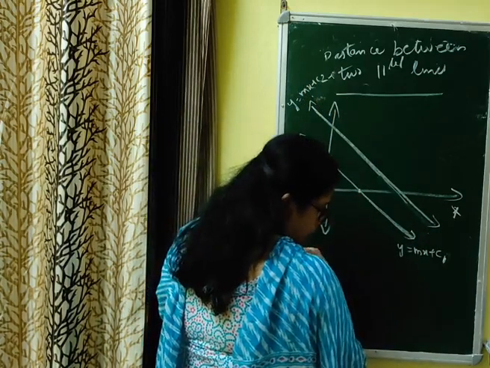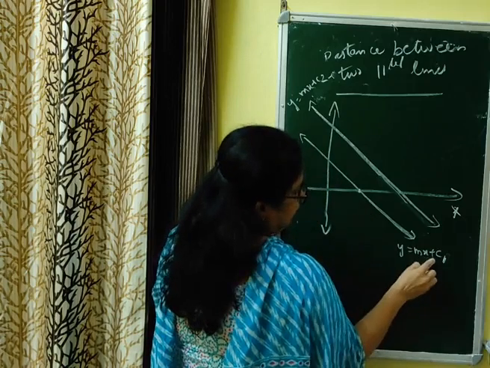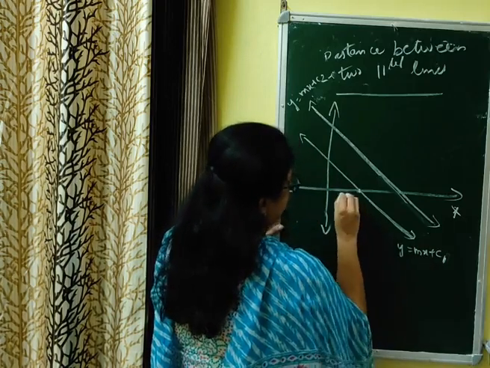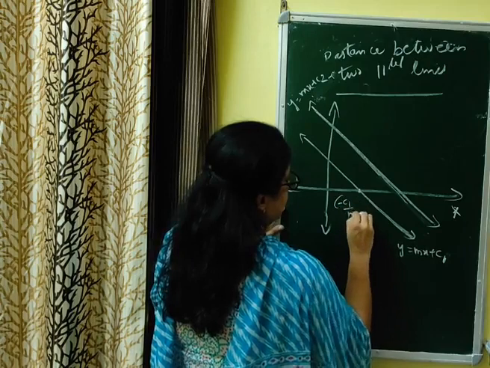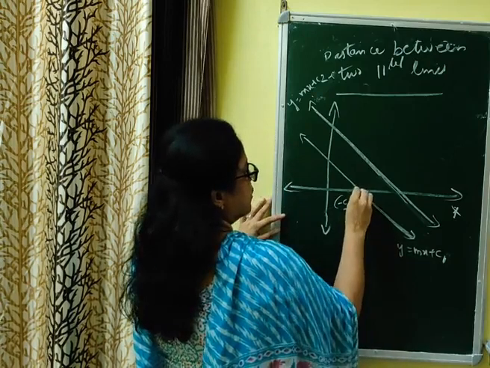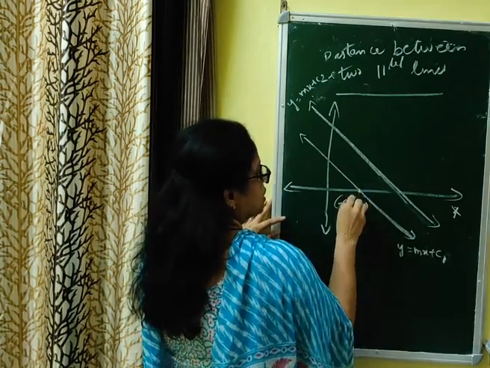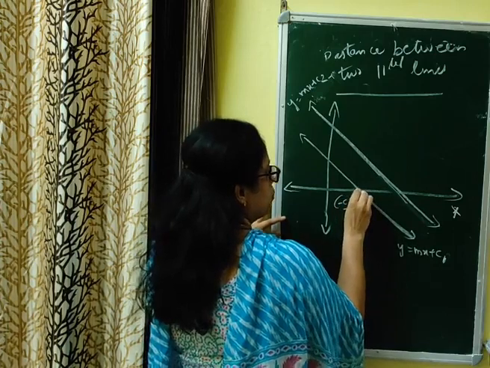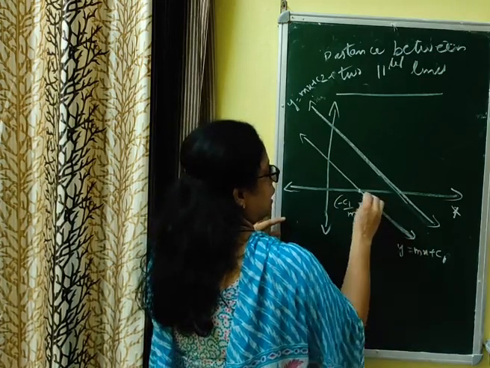Since this point is on the x-axis, x equal to minus c1 by m, comma 0. The distance between these two parallel lines is the perpendicular distance of any point from the first line to the second line.